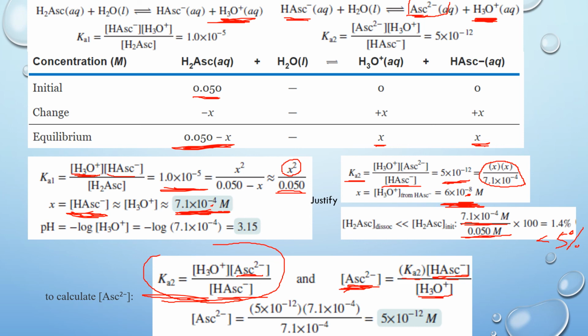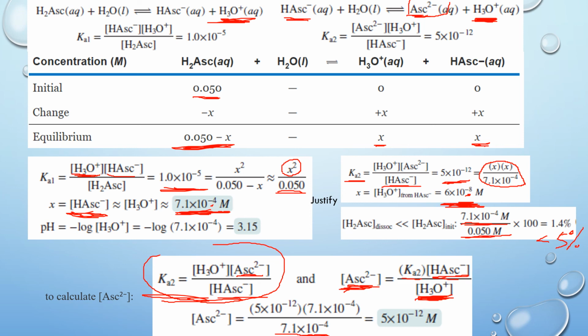Again, the concentration of proton is not the concentration of proton generated from the second equation. It should be the concentration of the proton in the whole system. Based on our first assumption, it is the concentration generated from the first equation, so we use 7.1 times 10 to the negative 4.